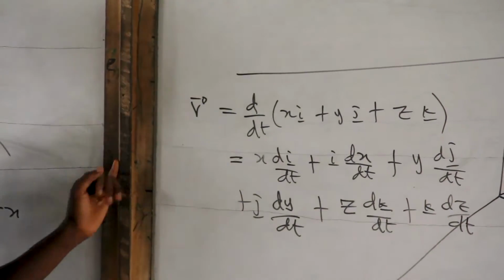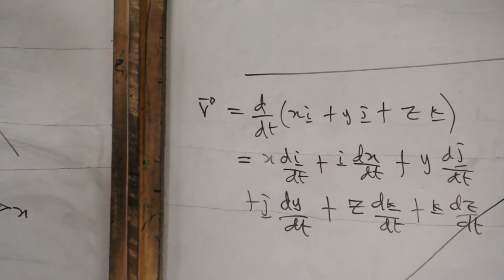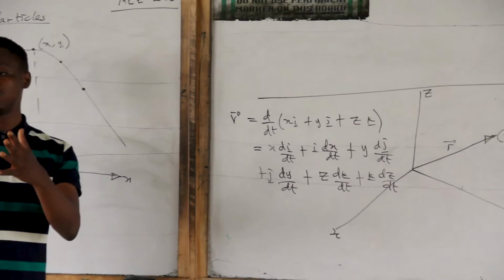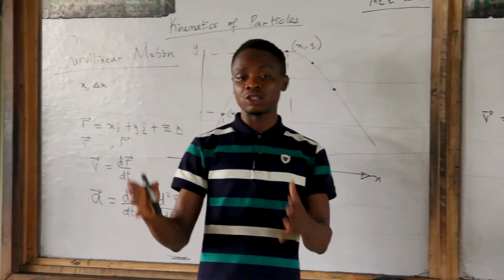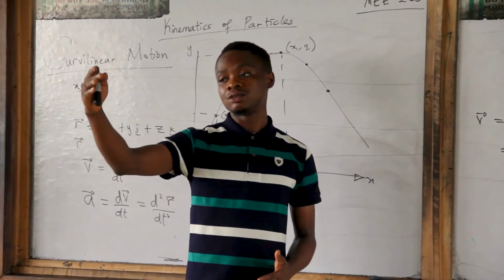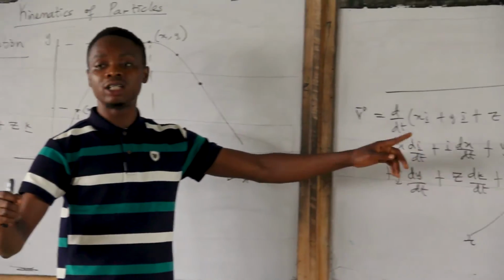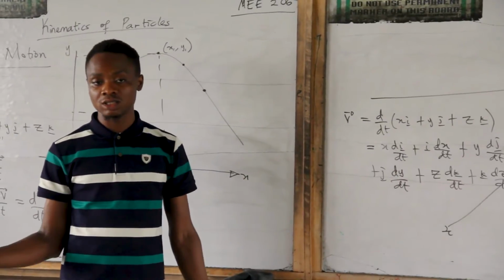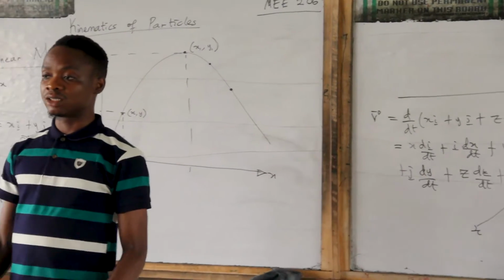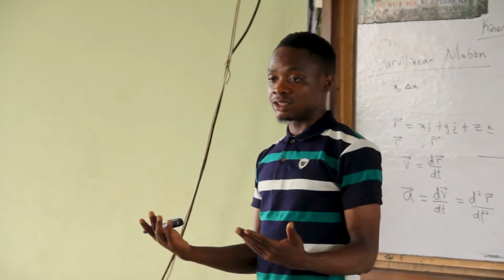Does it make sense? Alright, but now we know that we are dealing with an inertial reference frame where the system of axes is stationary, or it can only translate. So in such a situation, the orientation of these i, j, k vectors will not change. We also know that they have unit magnitude. So the magnitude of the vector does not change, the direction of the vector does not change, and the vector is a constant. Does it make sense to you?